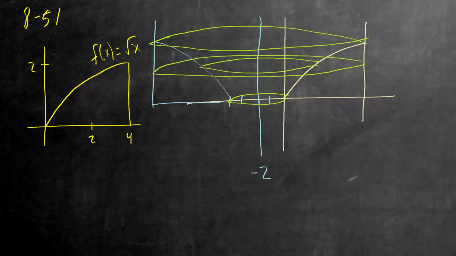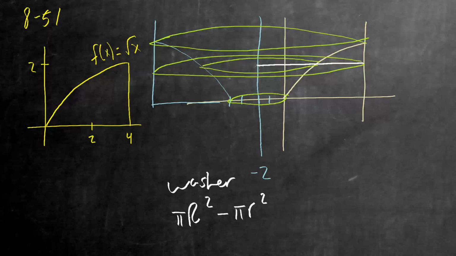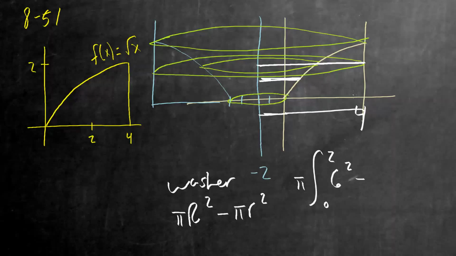Here's my big radius of my washer. My big radius is unchanging, but it's not 4. This is 4, this is 2, so my big radius is 6 this time. And my inner radius isn't just my y squared, it's going to be my y squared plus 2.